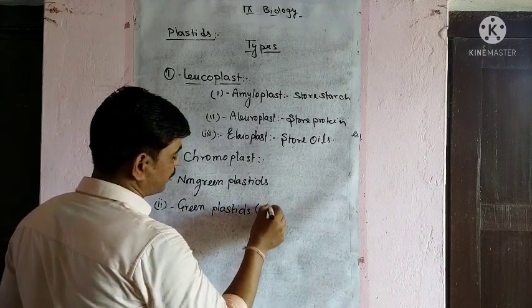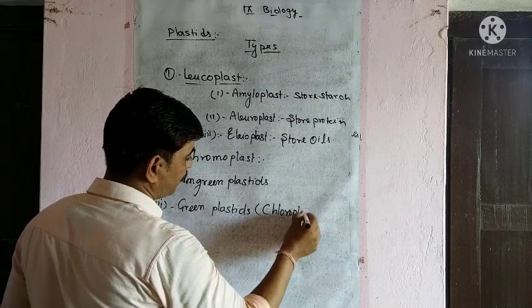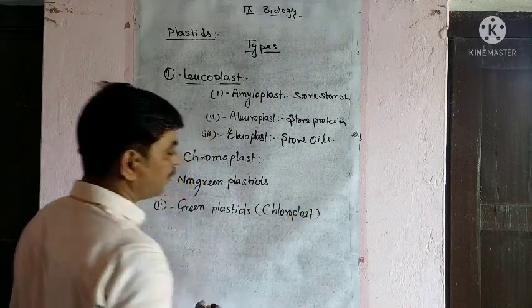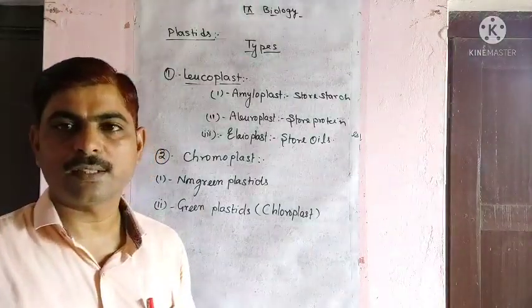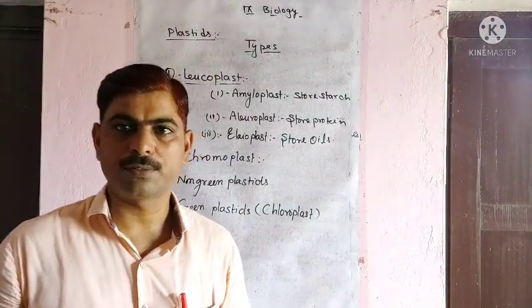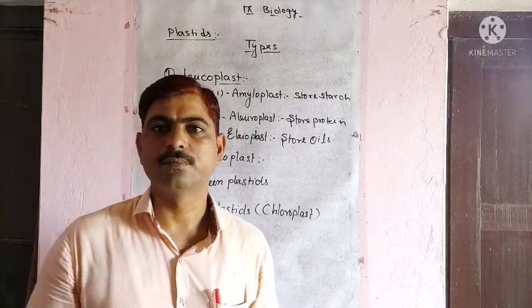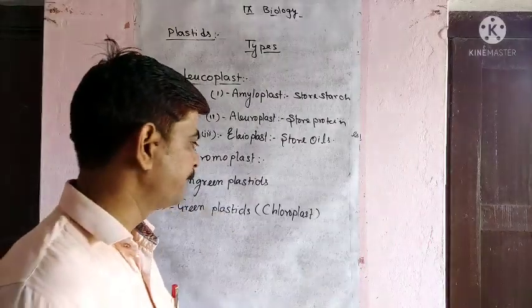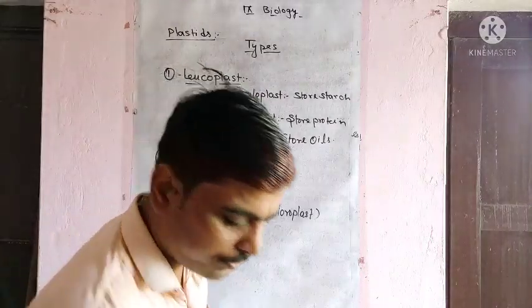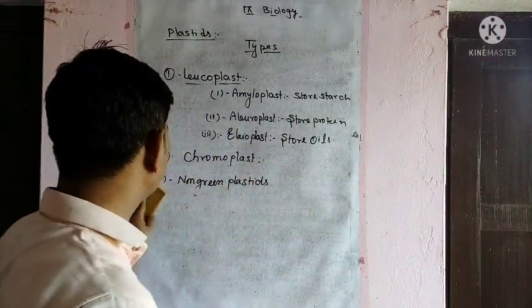And this green plastid you are familiar with, that is the chloroplast. While non-green plastids give colors other than green, like the red color of tomato, the root color of carrot, orange, yellow, and many more colors. Okay, so let's study the green plastid, chloroplast, in this chapter.